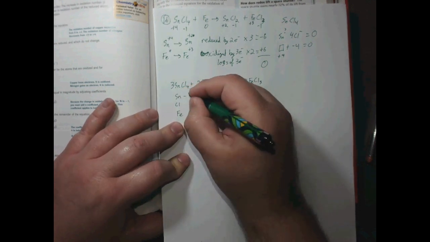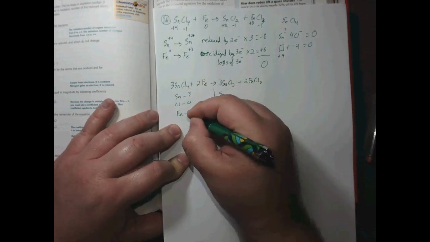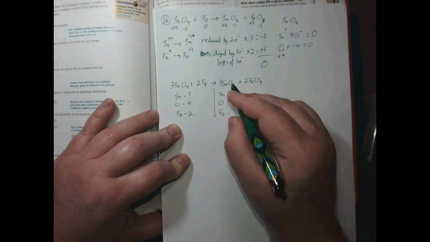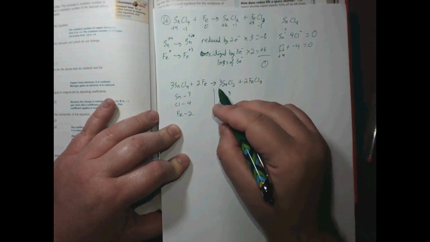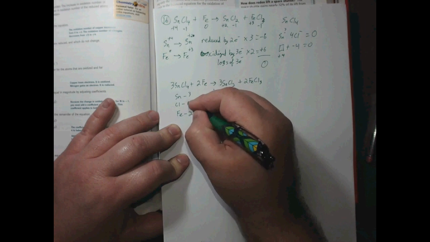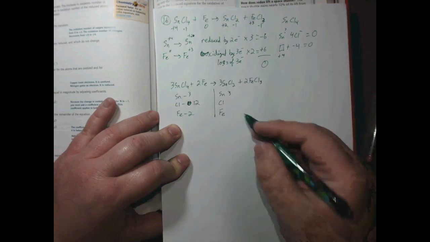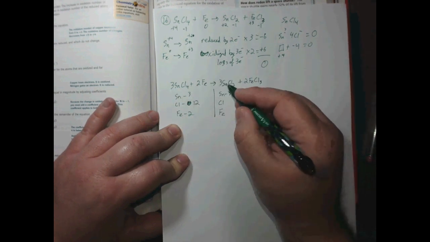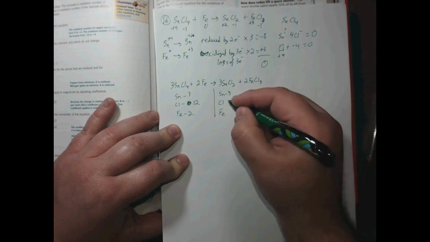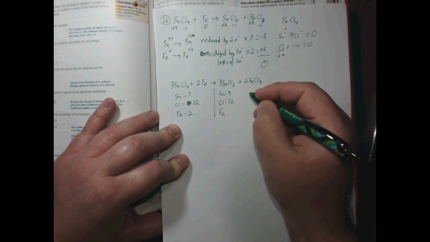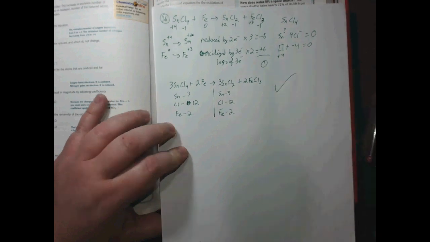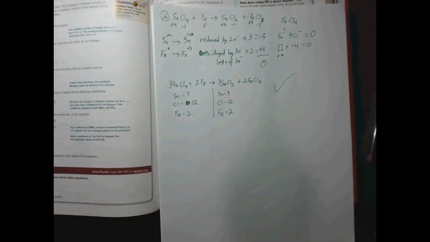So that's 3, 4, and 2. Excuse me, 3 times 4, 12. 3 tins, 6 chlorines plus 6 chlorines, that's 12 chlorines, and then 2 irons. It's balanced. Okay? The hard part is figuring out the oxidation states. Follow those rules on that page. Okay? That will help you.